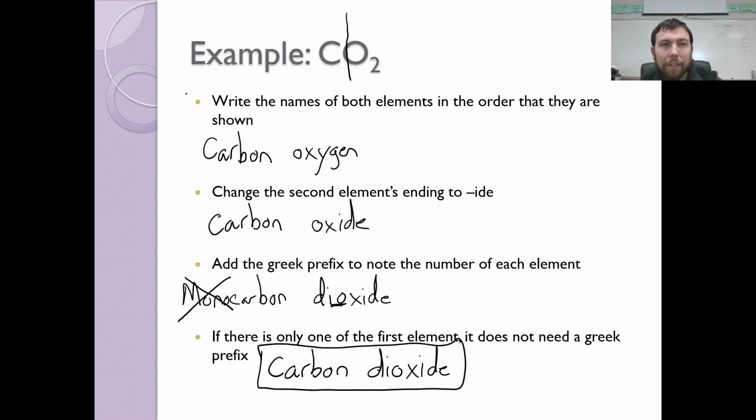You could say, okay, looking at the periodic table, I've identified my two elements, check. I need to change the second element's ending to IDE, check. I added my prefixes, check. Oh, look, my first one only has one element. I don't need a prefix, so let's drop it. And then we write it down and we get that carbon dioxide, check, right?